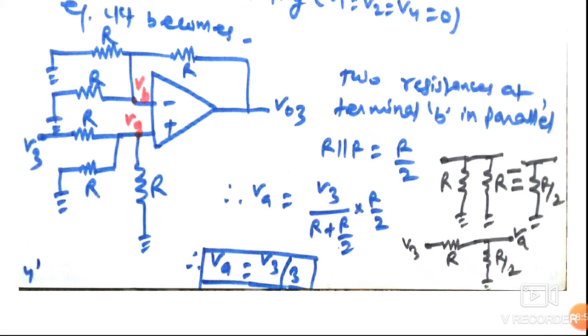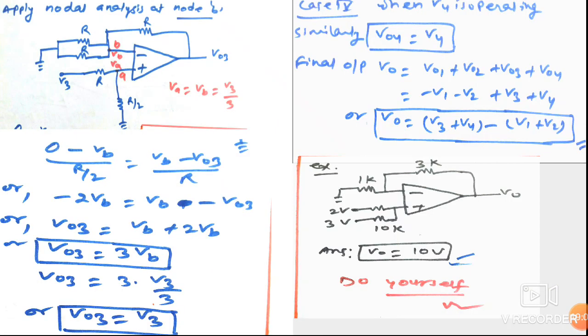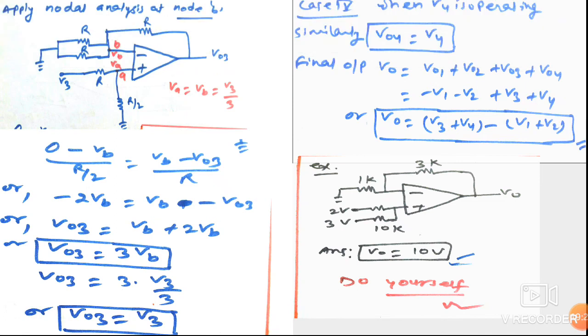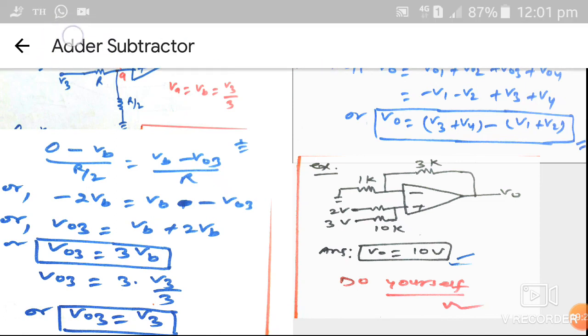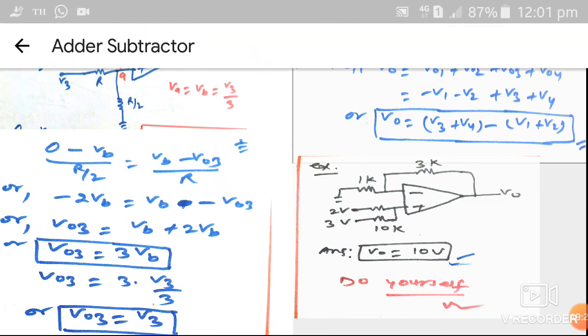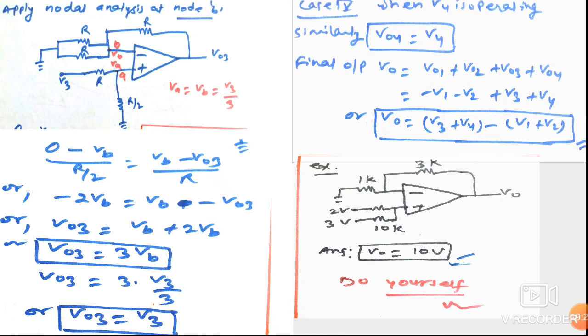Now we can apply nodal analysis at node B. The circuit is redrawn here. So here VA equal to VB equal to V3 upon 3. We apply nodal analysis at node B, that is at the inverting terminal. These two resistors, R and R, are in parallel, so the equivalent resistance will be R by 2.